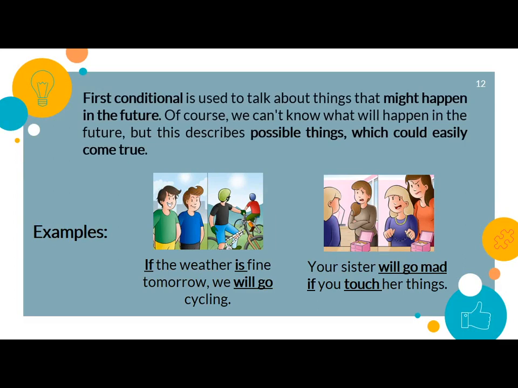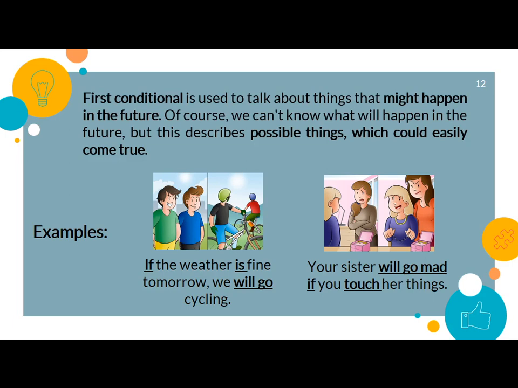So now we can take a look at the use. The first conditional is used to talk about things that might happen in the future. Again, that might happen in the future. This is not something that we're going to say is 100% going to happen, because it is just something we're thinking about. Of course, we can't know exactly what will happen in the future.